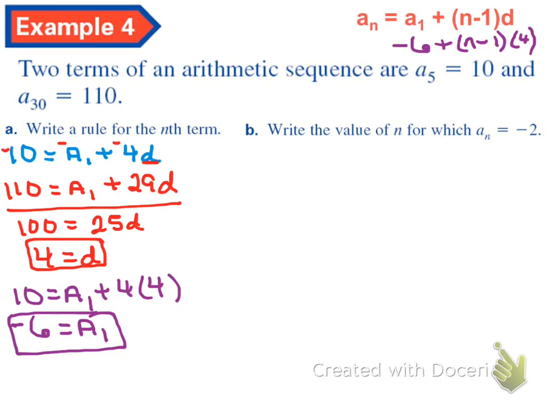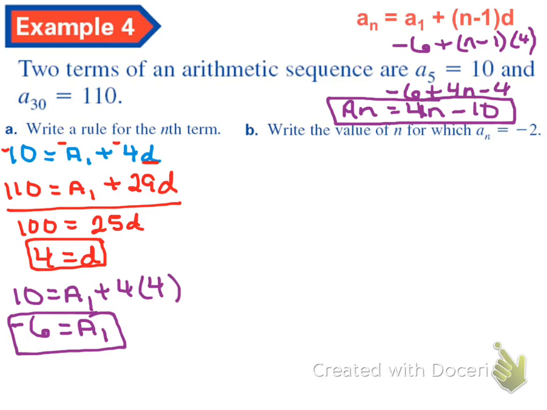You would want to use your distributive property and simplify, so you would have -6 plus 4n minus 4. Put your like terms together and you find that any term is equal to 4n minus 10. Okay, so this is our answer for part A. Any term is equal to 4n minus 10.